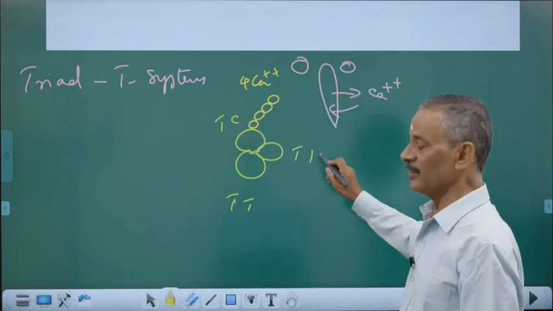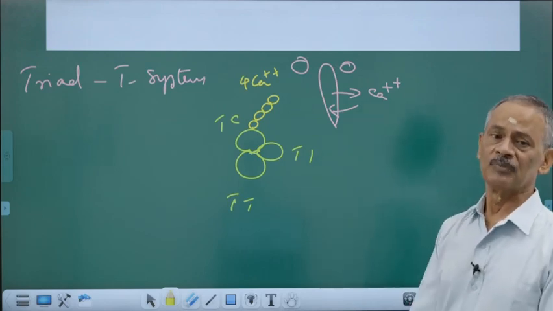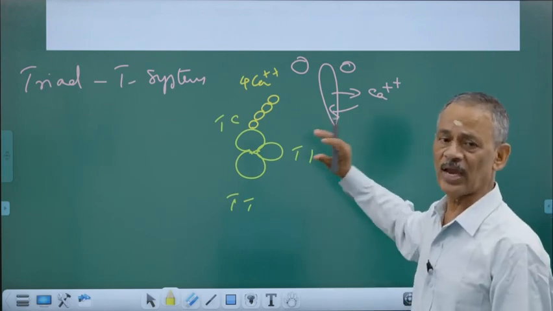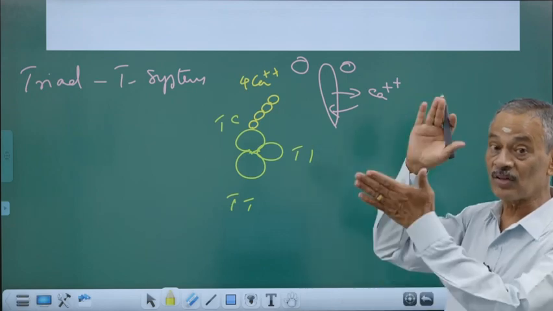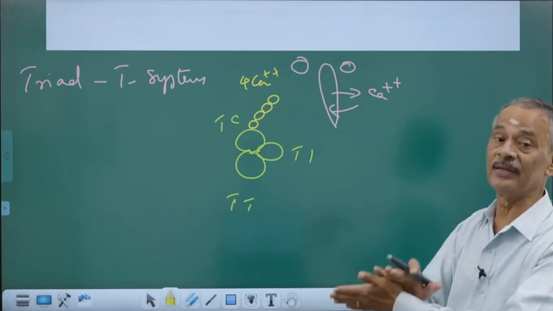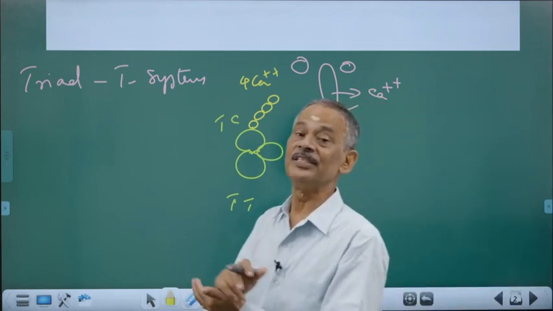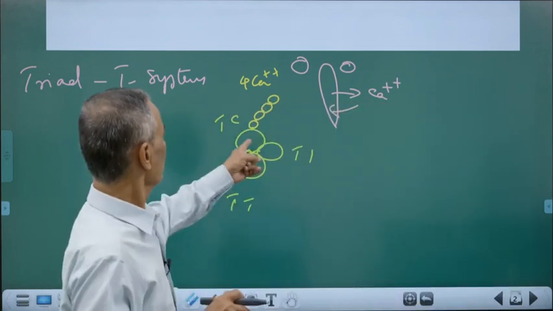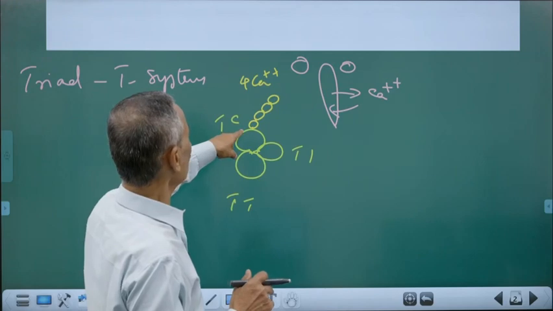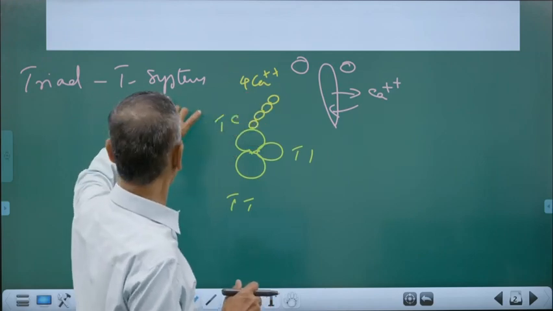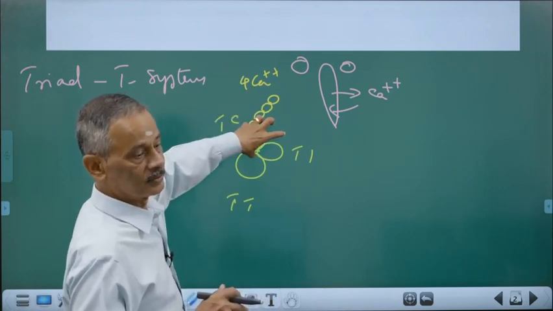And TI, I for inhibitor. This is the unit that is responsible for suppressing, concealing the binding site in the G-actin molecules. Okay, so this is the nature of a troponin.